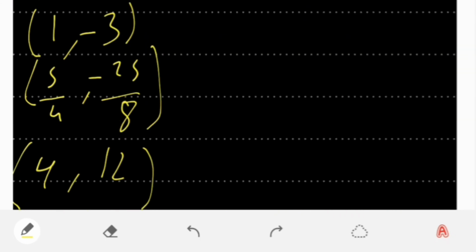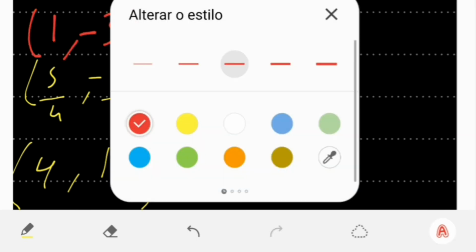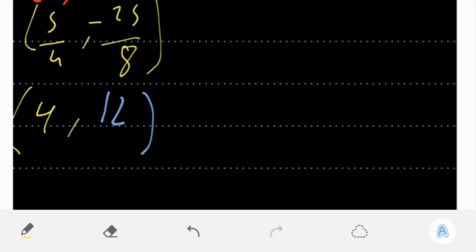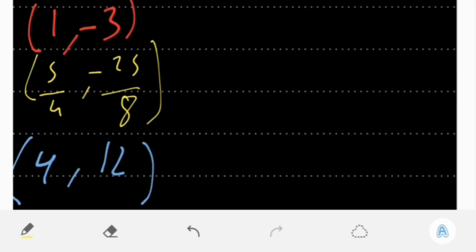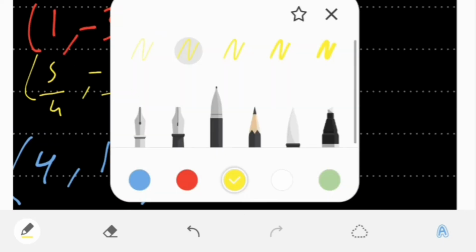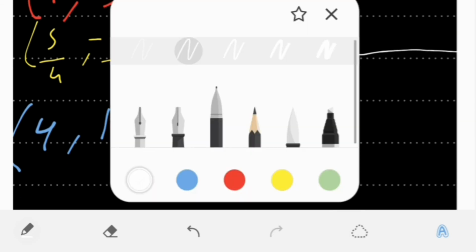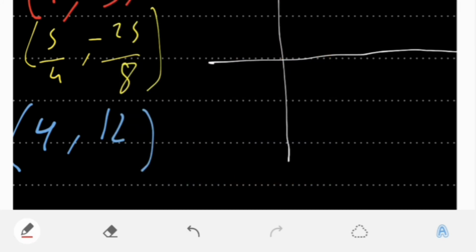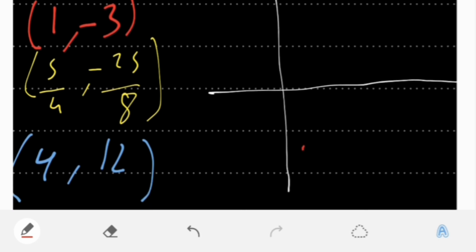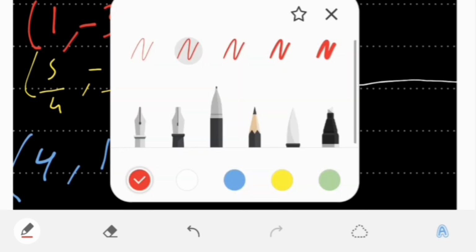Now let me just put some colors. So this first color will be this color over here, and this one, this color. So now look, our first point is the red point over here, okay? So it is this point over here. Now 5 divided by 4, remember, it is slightly bigger than 1.